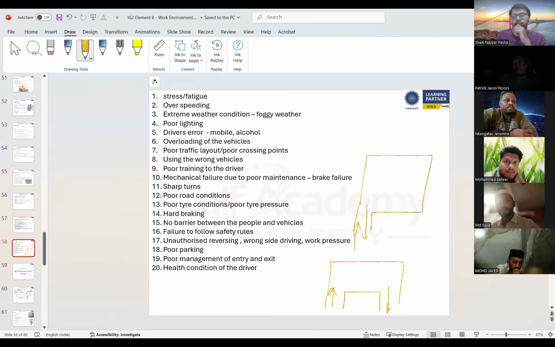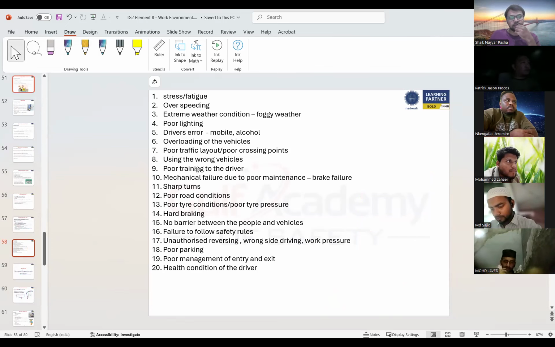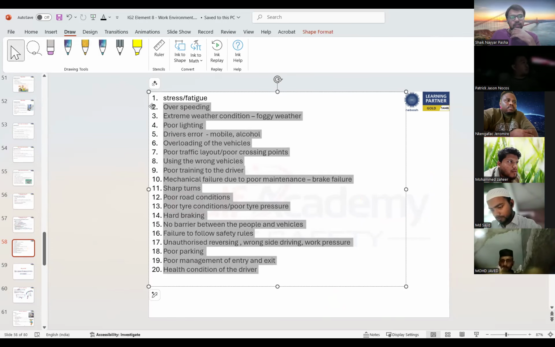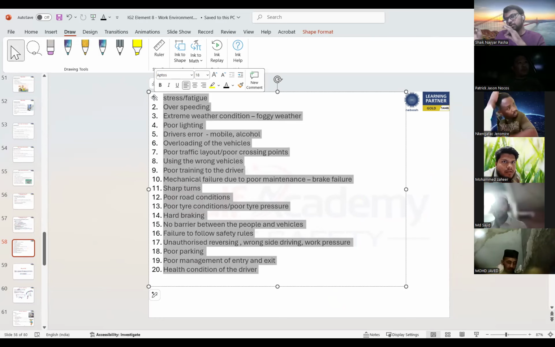So that is proper management of entry and exit. If entries and exits are not separate, then definitely that could result in more collisions. So all these are the reasons why there could be collisions or loss of control of vehicles.